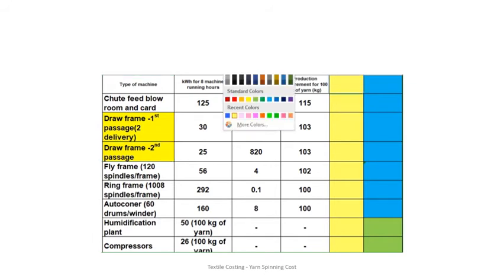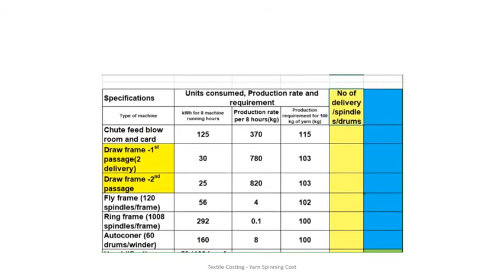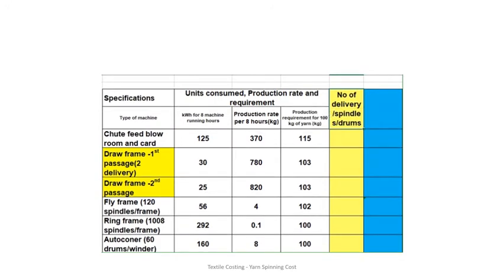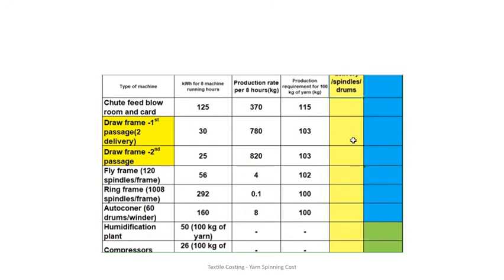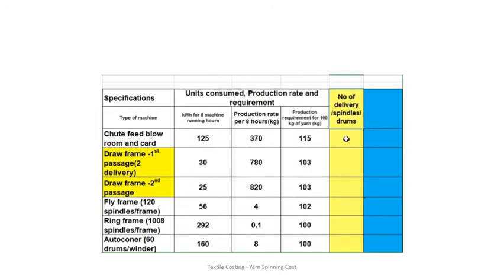First, we need to calculate the number of deliveries. We have to note this here so that it will be easy for calculation. This is already given data, not calculated. For the blow room and card, the number of deliveries is one, per card. For the draw frame, as I already said, it is two deliveries, and the second passage one delivery.